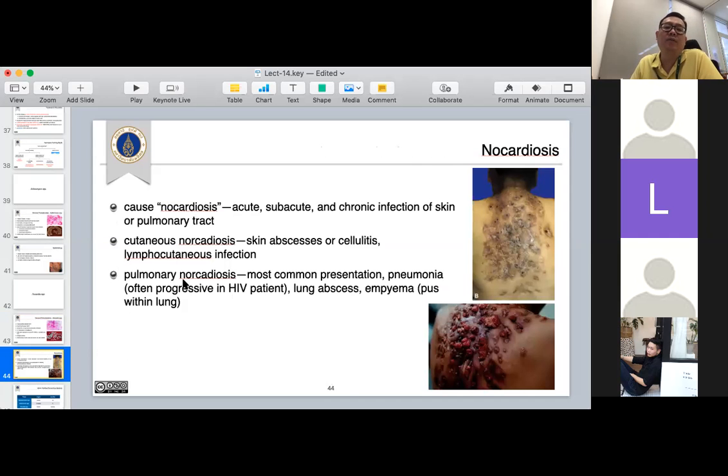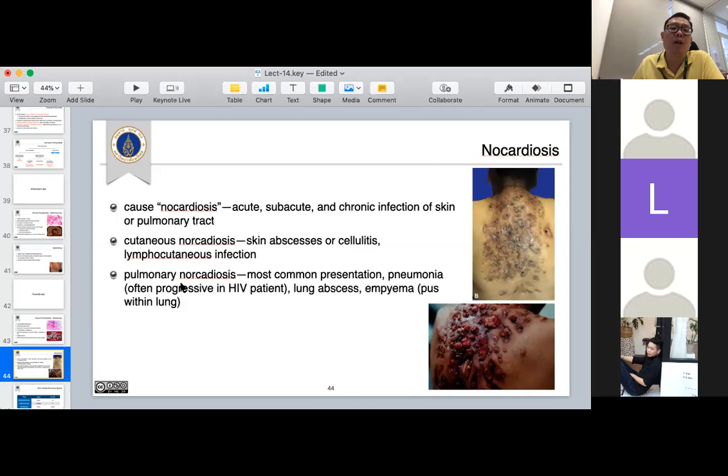Nocardia causes nocardiosis. Nocardiosis is a skin infection that damages a lot of skin, can cause cutaneous nocardiosis that attacks skin, destroys cellulites, and causes a lot of abscesses.